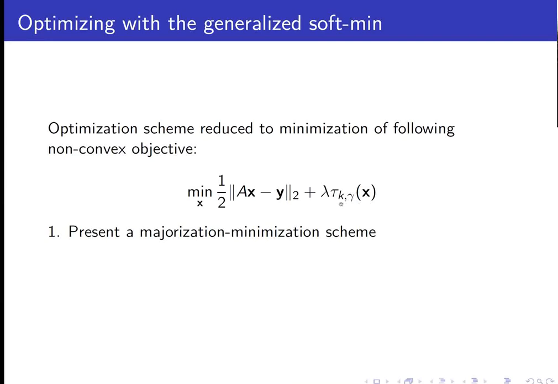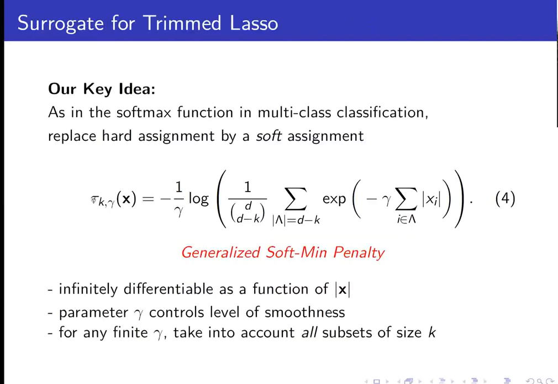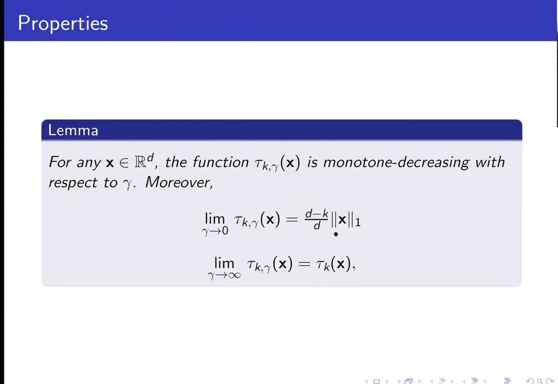The other challenge is that, remember the formula for tau k? This is the formula for tau k gamma. It involves an exponential number of terms. So we're going to have to find a method to compute this sum and also the gradient of tau k gamma in a reasonable time and with good accuracy. These are the two challenges that remain to make this approach feasible.